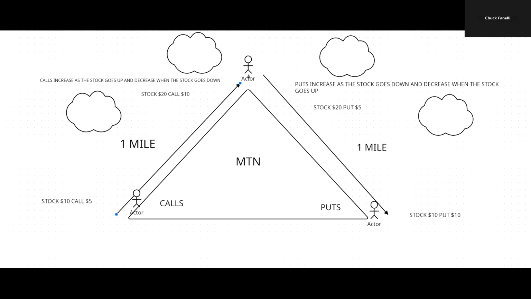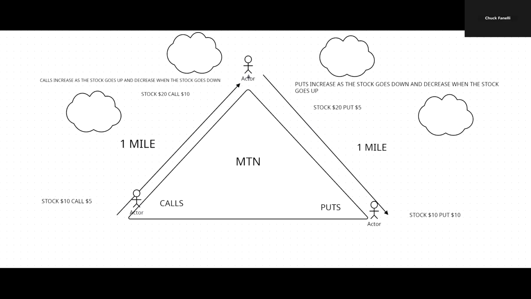All right. Again, we're learning. Okay. So let's just assume the stock is named actor. Actor is at $10. So you buy a call for $5. When actor goes up to 20, the call is now worth $10.